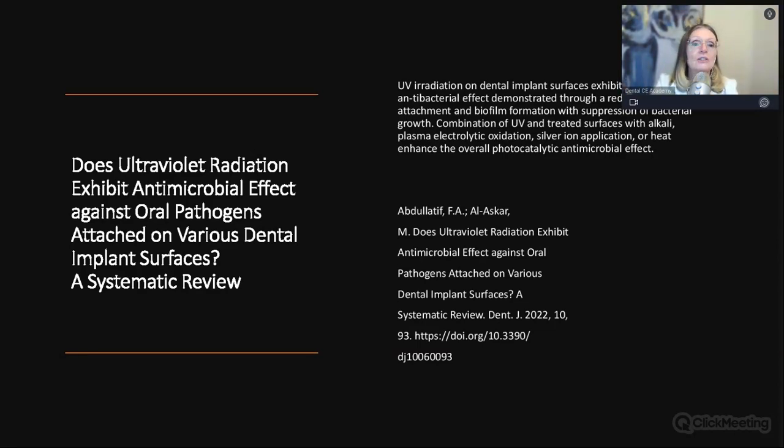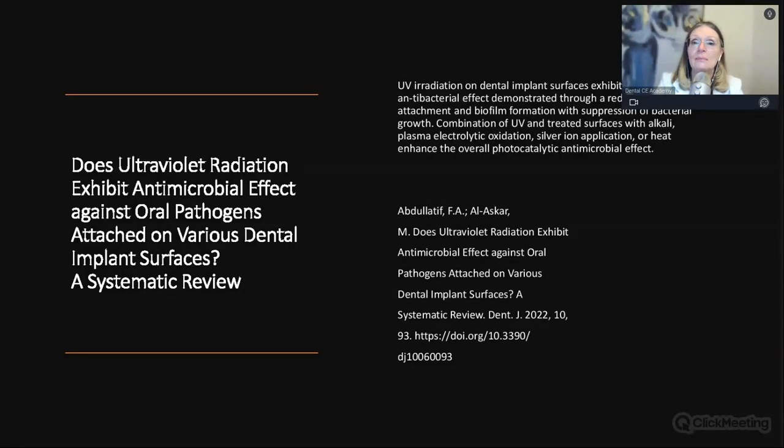Question here, this study: does ultraviolet radiation exhibit antimicrobial effect against oral pathogens attached on various dental implant surfaces? This was a systematic review. They looked at UV radiation on dental implant surfaces, and they found that a significant antibacterial effect was demonstrated through a reduction in bacterial attachment, biofilm formation with suppression of bacterial growth.